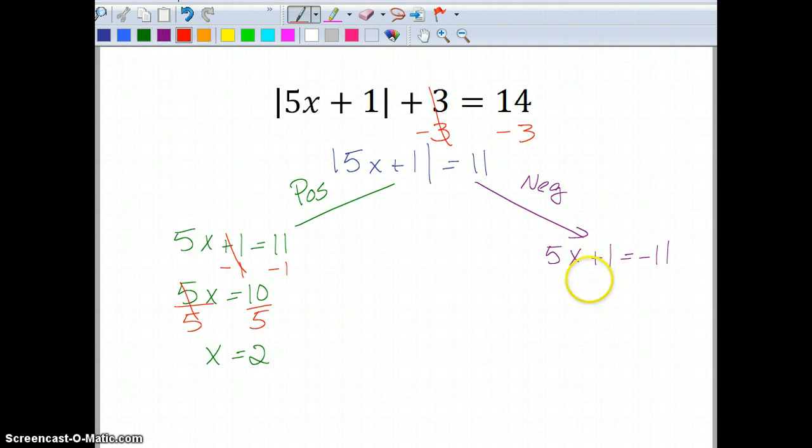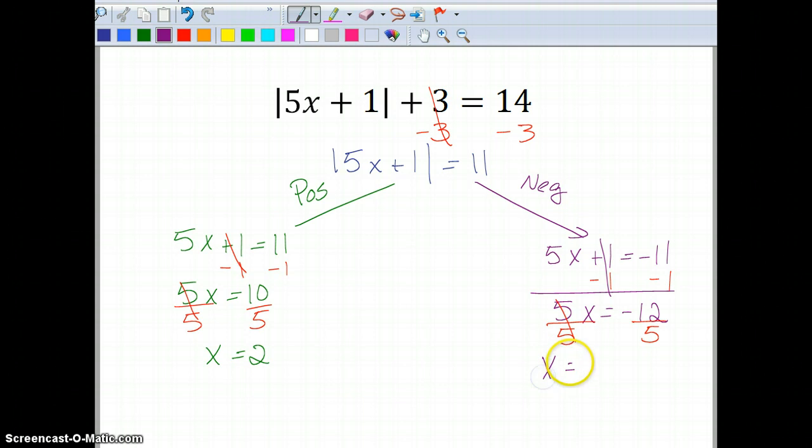Now the next one, again subtract 1 from both sides. So now I have 5x is equal to negative 12. Divide both sides by 5.